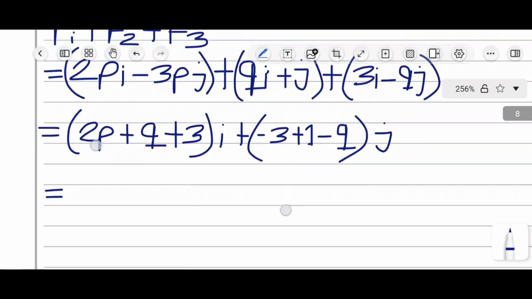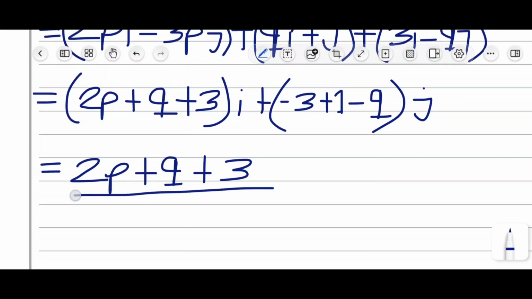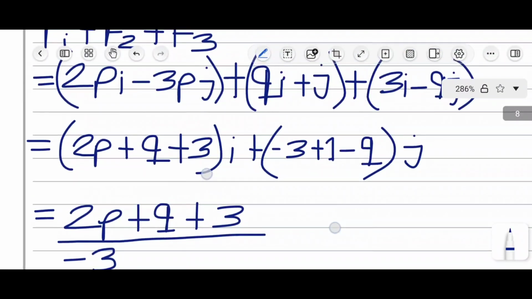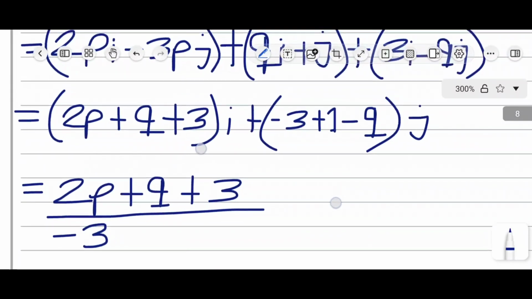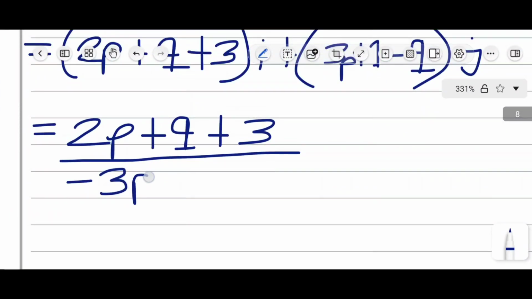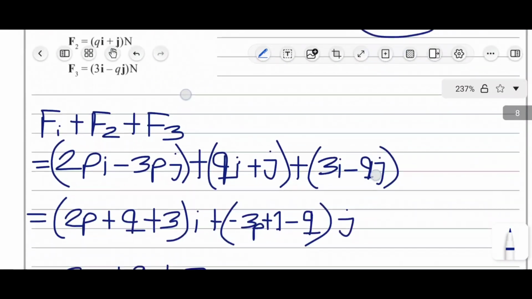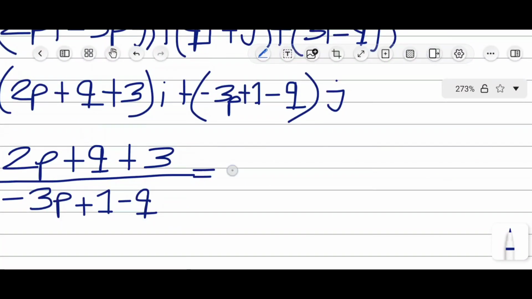So now you have to divide the i component by the j component: 2p plus q plus 3 divided by minus 3p plus 1 minus q equals the resultant vector, which is 4 divided by minus 5.